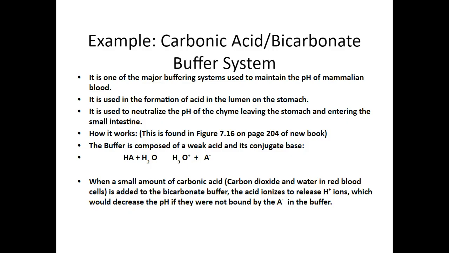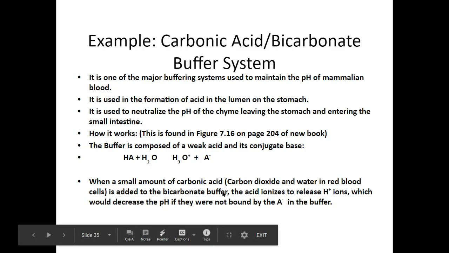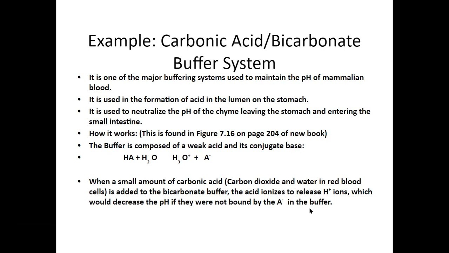So how it works, there's a little figure 7.16 on page 204 of your book at home there. The buffer is composed of a weak acid and its conjugate base. When a small amount of carbonic acid, which is carbon dioxide and water in red blood cells, coming out of us in respiration, is added in our circulatory system to a bicarbonate buffer, the acid ionizes to release hydrogen ions, which would decrease the pH if they were not bound by the conjugate base in the buffer.